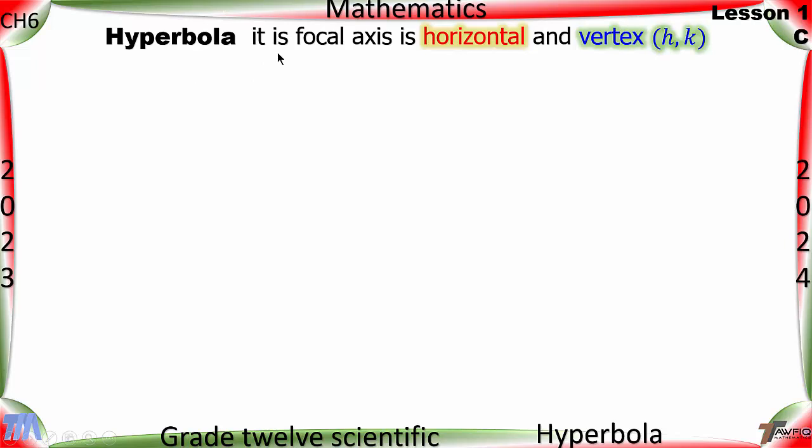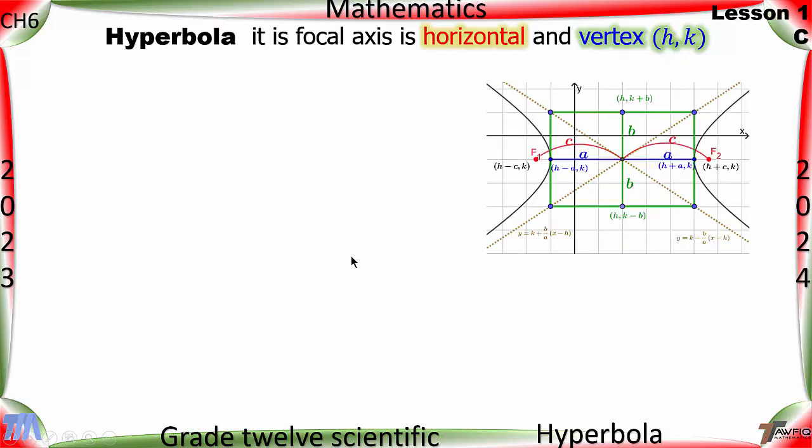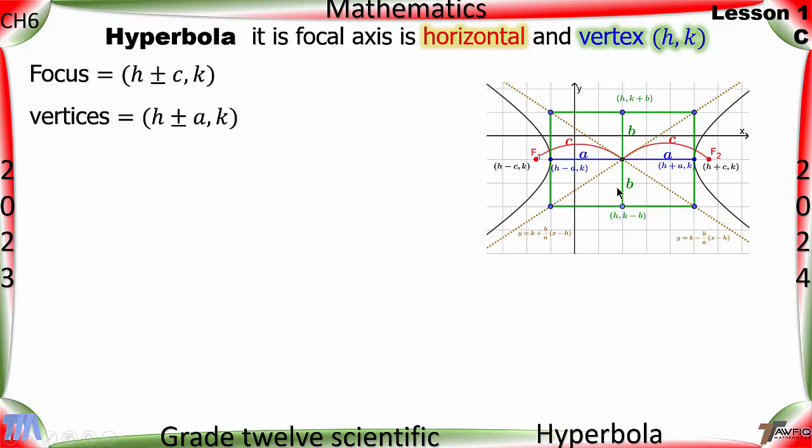Hyperbola, if its focal axis is horizontal and the center is (h, k), as you can see here, F1 is (h - c, k) and F2 is (h + c, k). So the two foci are (h ± c, k) and the vertices are (h - a, k) and (h + a, k).